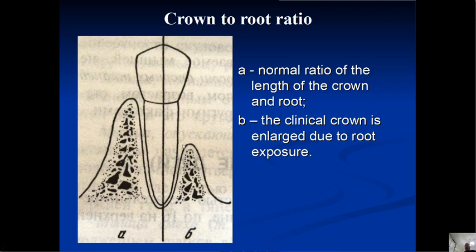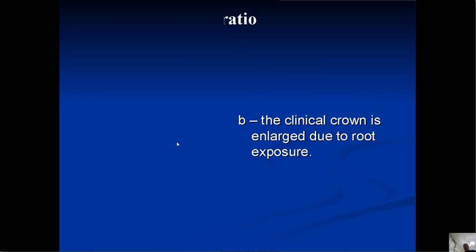And if we have a situation with a high interdental bone resorption, so we have a recession of gingiva, then we have a very big clinical crown. It's not good.